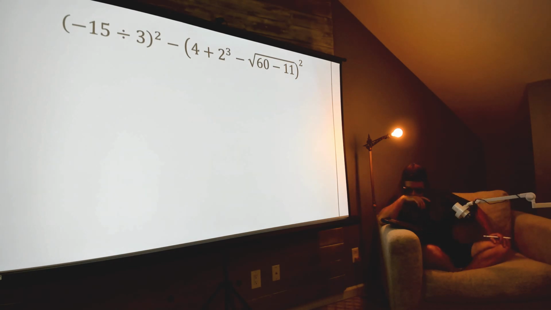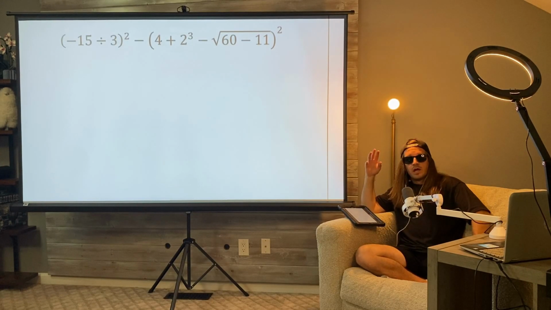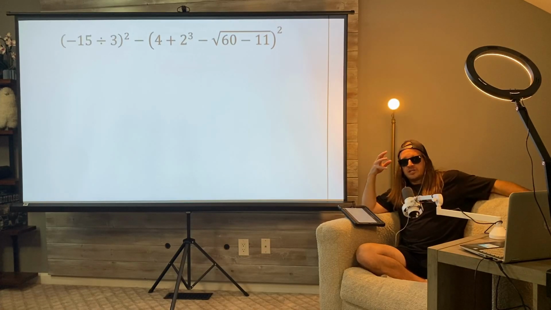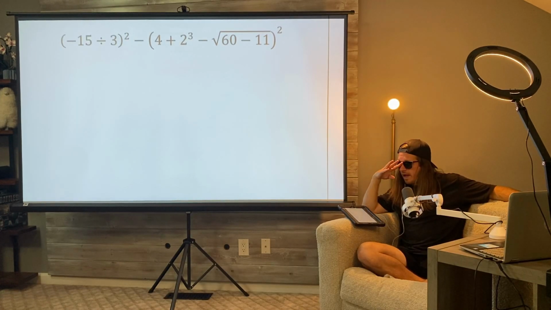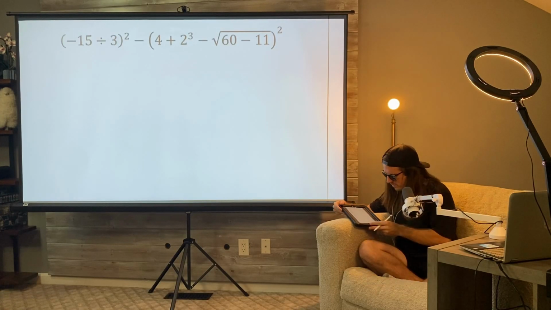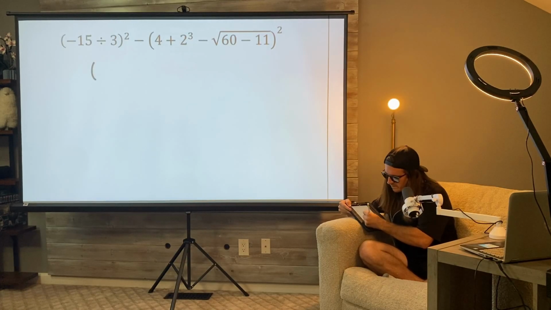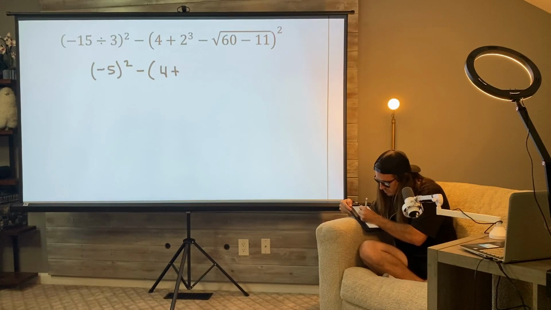Okay. I'm going to stop explaining and just start doing a little bit more. Everything in parentheses, everything in the square root needs to be simplified first. Negative 15 divided by 3 is negative 5. We can do 2 cubed, which is 8. 60 minus 11 is 49.